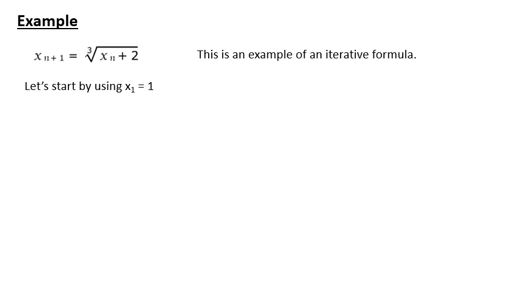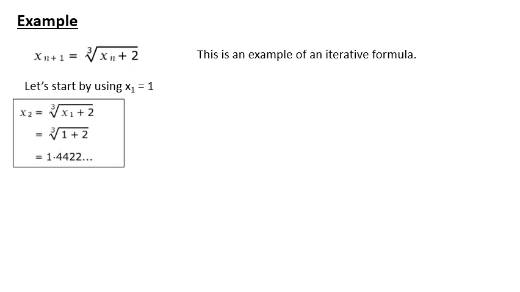So into the formula we're going to write that x n is actually x1, and we're going to write the value of this as 1. If we put x1 into the right hand side, that means that the left hand side must be x2. So we're working out x2 by substituting in x1. We can see that this gives an answer of 1.4422.